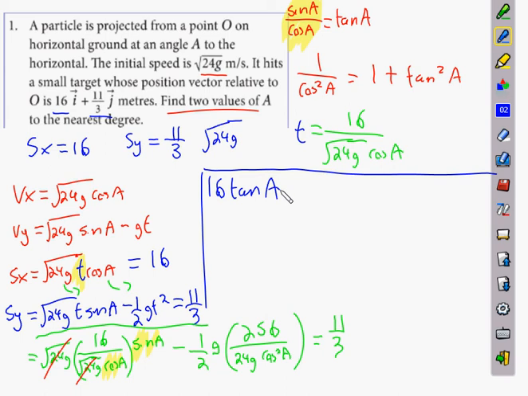Now, on the other one, G cancels with G. 2 multiplied by 24 is 48, isn't it? And what's 256 divided by 48?